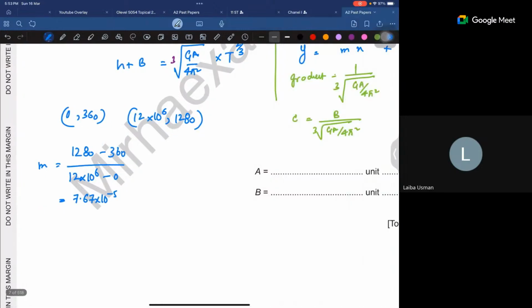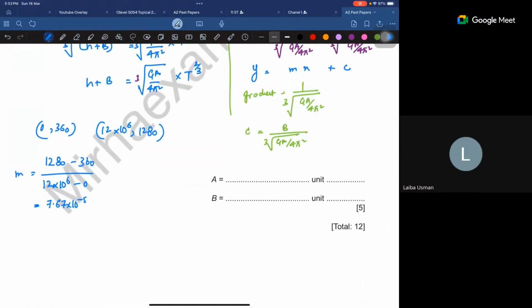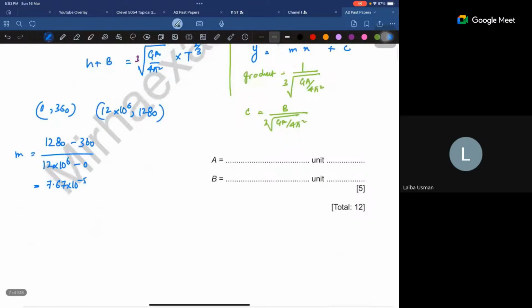Okay, so then we have to find A. To find A, we have the gradient, and it is 7.67 into 10 raised to minus 5 equals 1 over the cube root of GA over 4π², right? To remove the cube root, you can cube both sides.